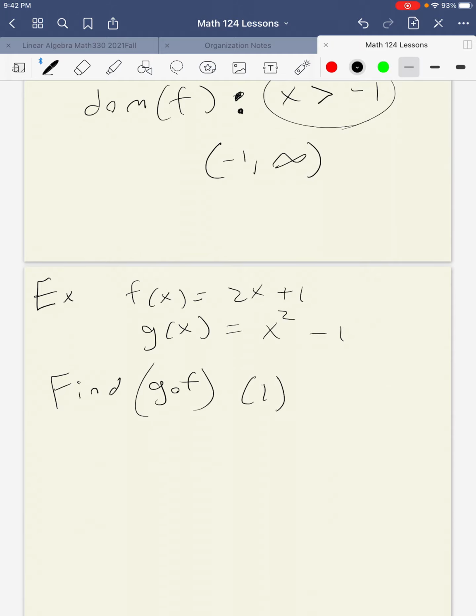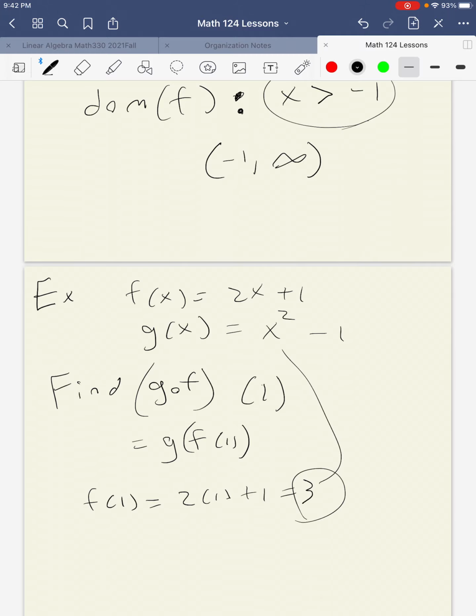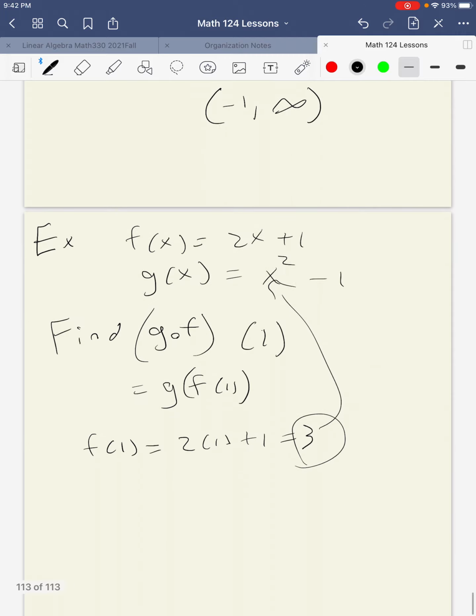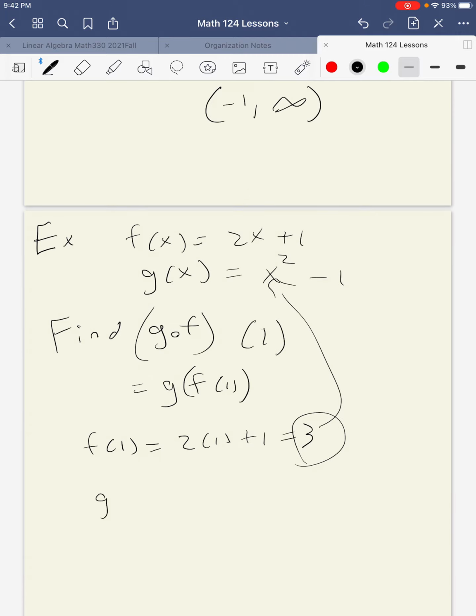What this means is that first we plug the 1 into f, and then we take that output and plug it into g. So f of 1 is 2 times 1 plus 1, that equals 3. So we take this 3, and now we plug it into g. g of 3 is 3 squared minus 1, that's 9 minus 1, and that is 8, which is the answer.